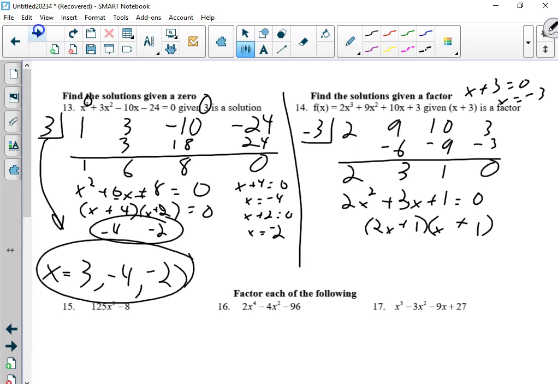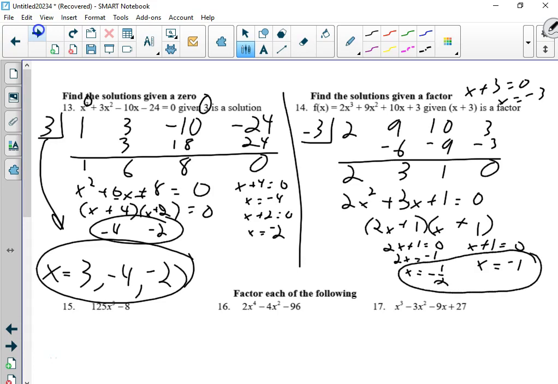If I set them both equal to 0, 2x plus 1 equals 0. 2x equals negative 1. I subtract. X is negative 1/2. That's one of my answers. Here, x plus 1 equals 0. X equals negative 1. So there are my answers. X equals negative 1, and x equals negative 1/2, right?